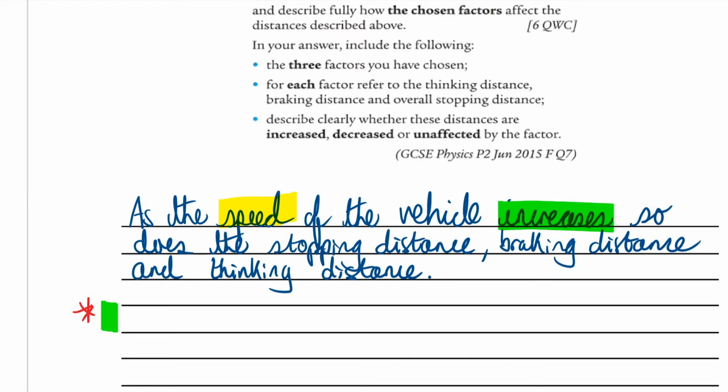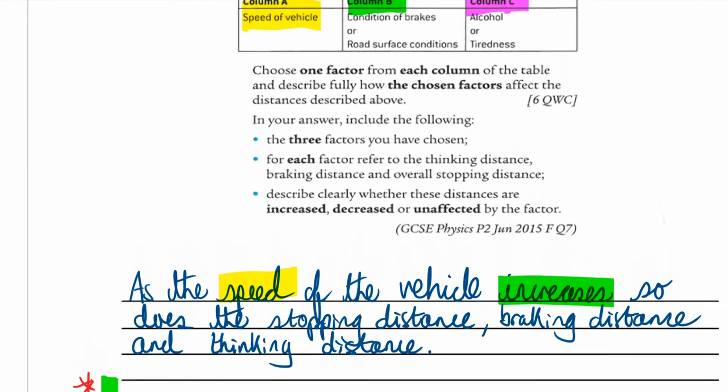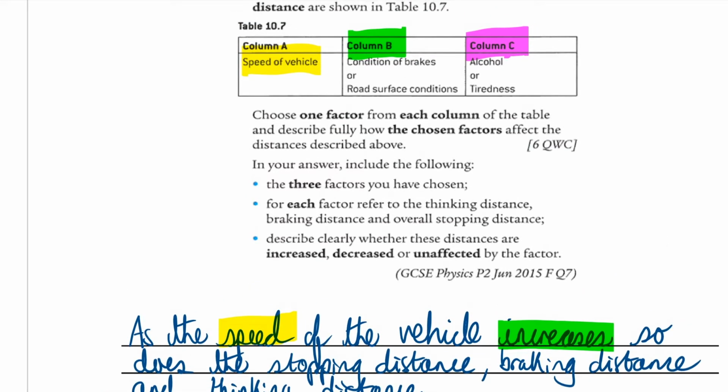Now what you've got to do is that same thing, a sentence or two describing, if we pick condition of brakes, for example, you could say, if the condition of brakes is poor, this will increase the braking distance. So I'd use that word there, increased. It would not affect the thinking distance.